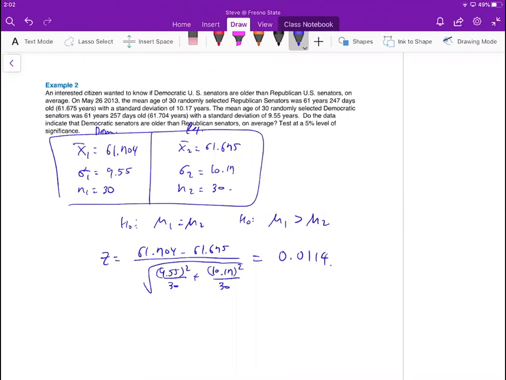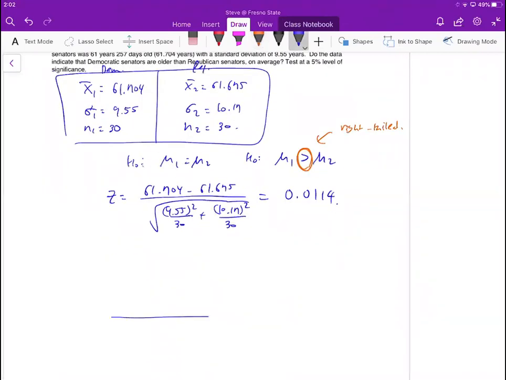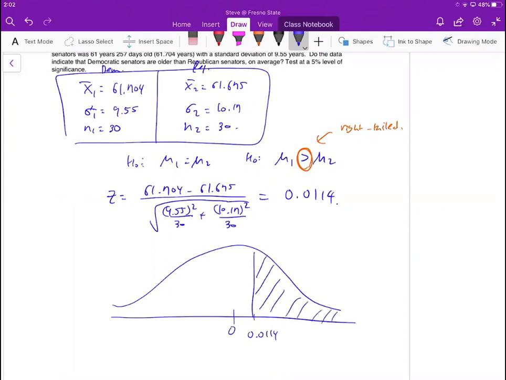Note that this is an upper tail, or right tail. So I'm looking at this normal distribution and 0.0114, looking at this much area. From this I can say that this is not significant, so I do not reject the null hypothesis.